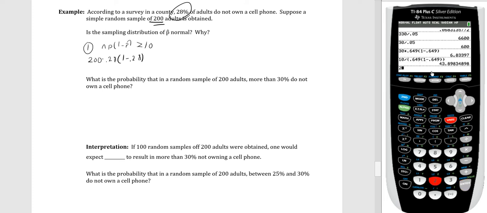So 200 times 0.28 times 1 minus 0.28. If I run that, I get 40.32. So 40.32 is greater than or equal to 10.